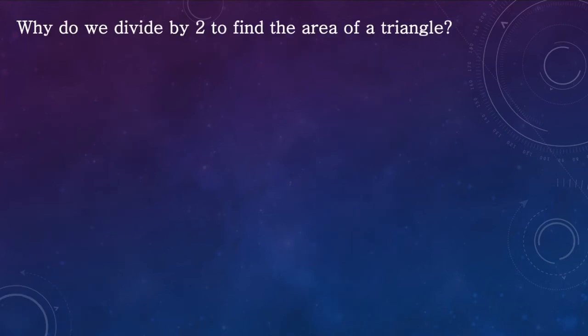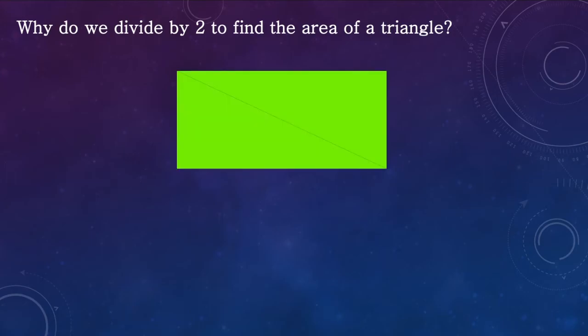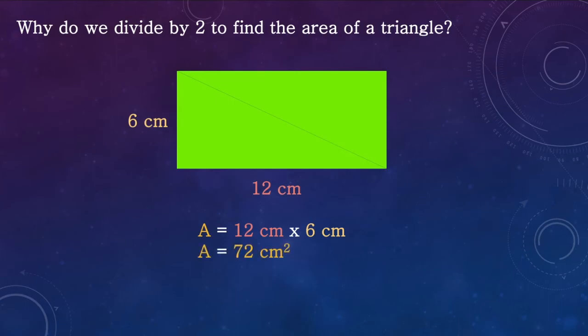All right, so let's talk about why we divide by 2 to find the area of a triangle. To show this, let's take this rectangle, this very, very green rectangle. I can find the area by taking the height and my base or length and multiplying them. So 12 times 6 gives me 72 centimeters squared for area.